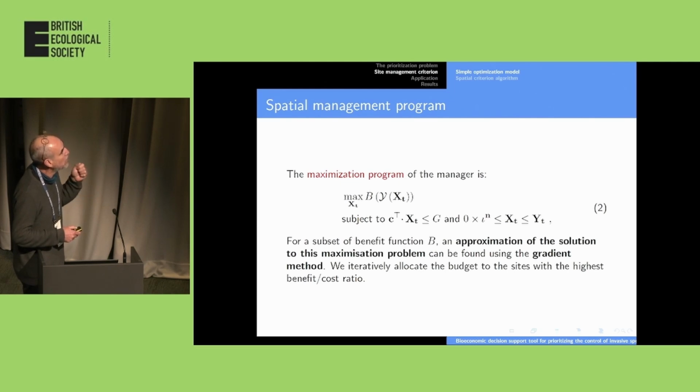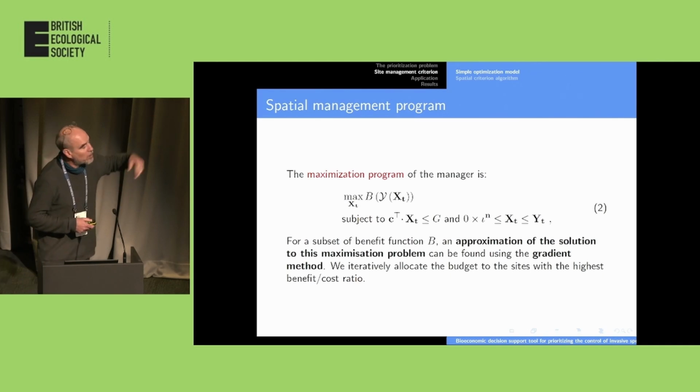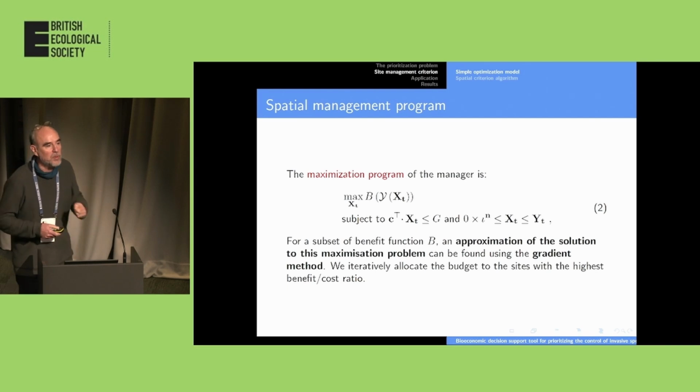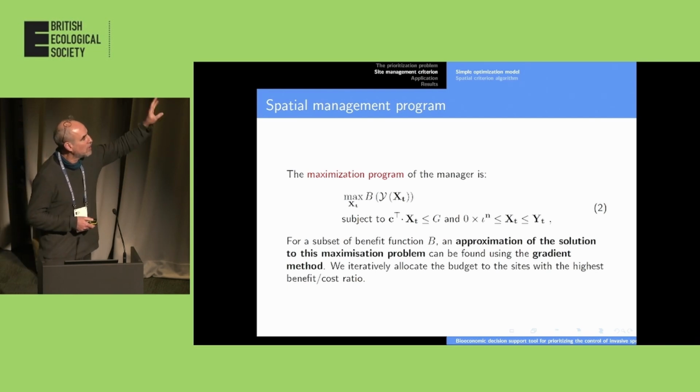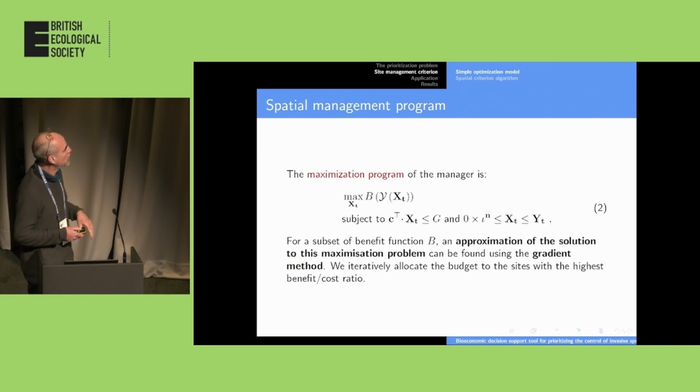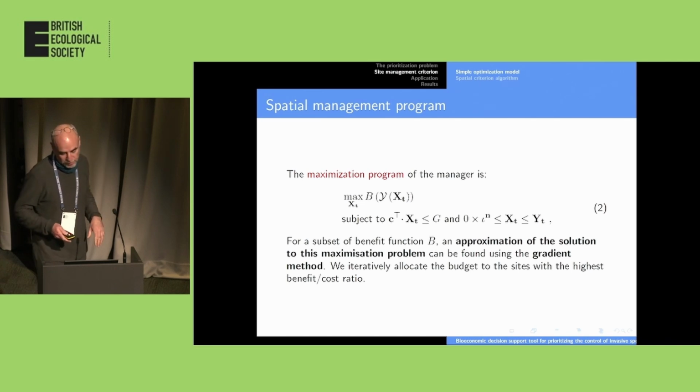Obviously, if you control in area I, you will get benefits in area I, but you will get benefits in areas connected to I. And when you maximize this, obviously you've got your budget constraint, the economic part of it. I have a budget constraint of G, and this is my management cost function. In the paper, we define a criterion, we define a math method in order to solve this thing easily, but I don't go into this right now.